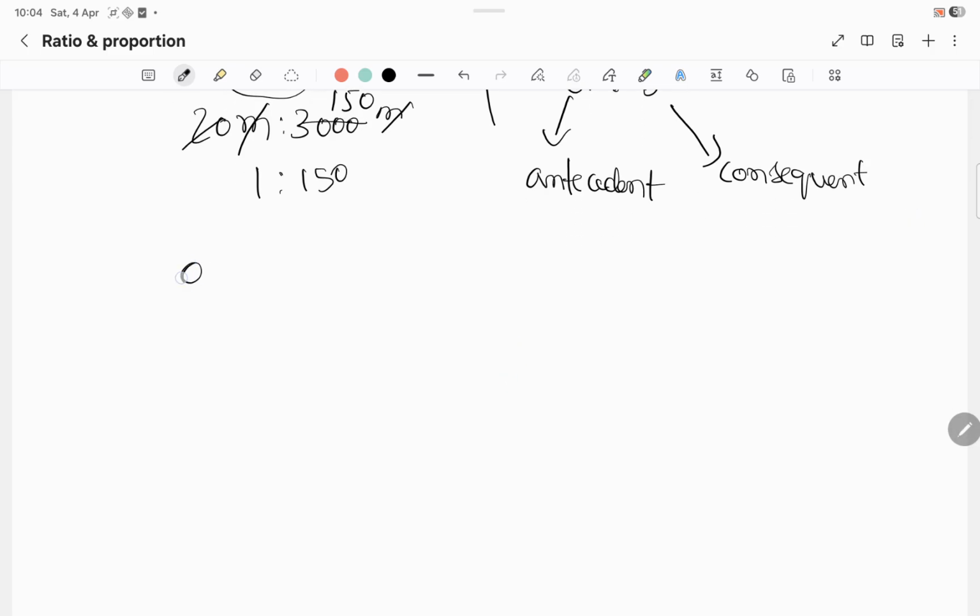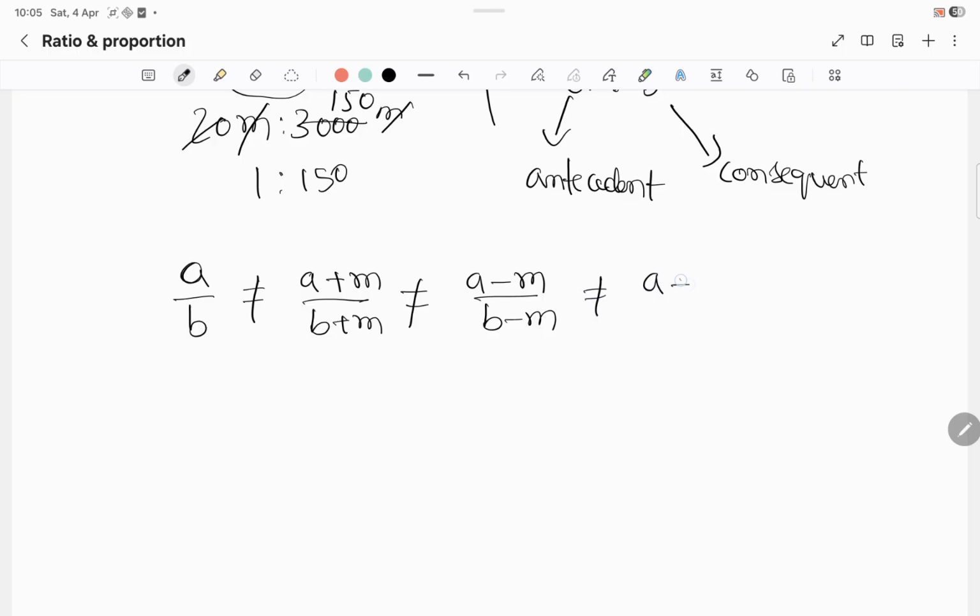So now in this A and B, A by B is not equal to A plus M by B plus M. Also it is not equal to A minus M by B minus M. Also it is not equal to the numerator raised by some quantity and the denominator raised by some other quantity.